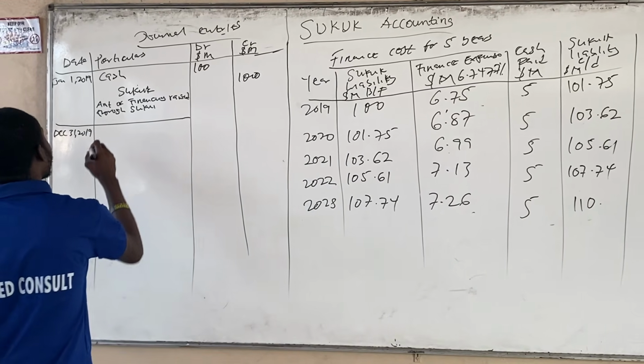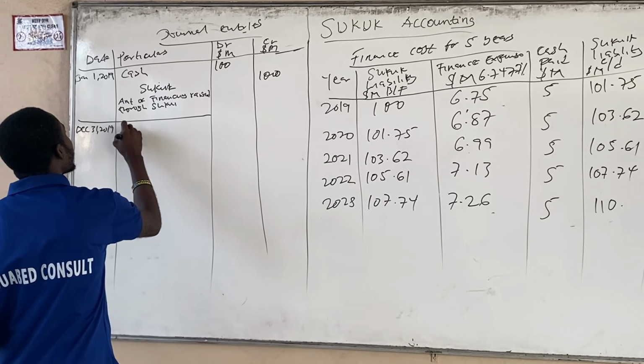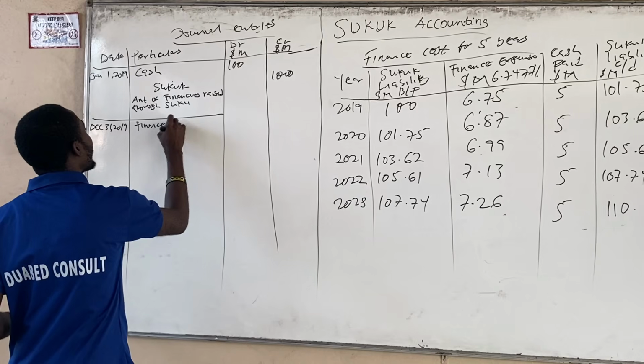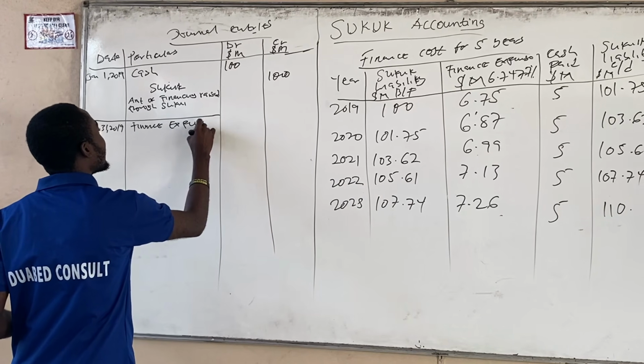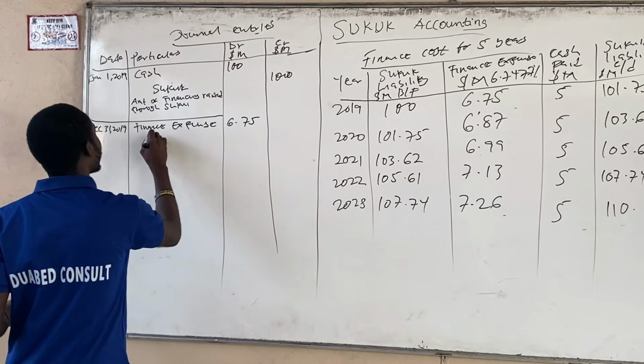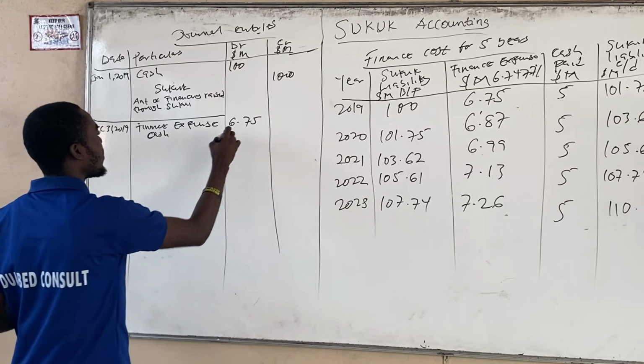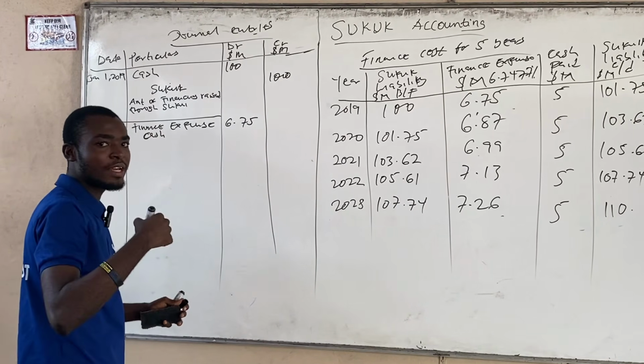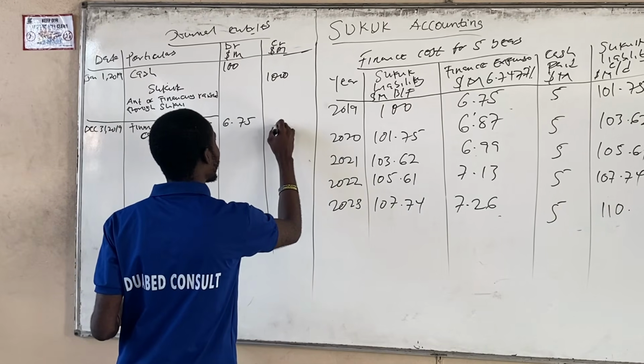Okay. So finance expense 6.75. Since they are paying cash of 5 million, their cash balance will reduce. So you credit your cash account.